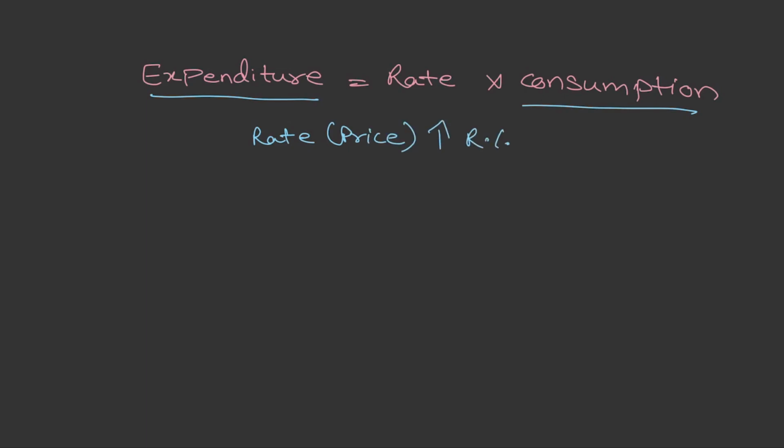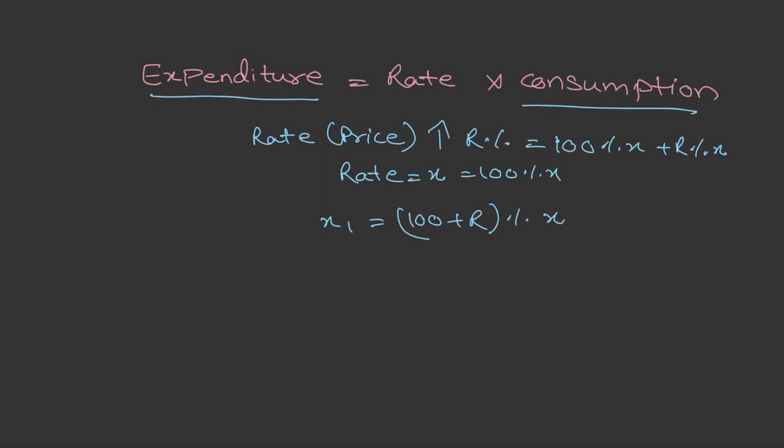So let's suppose initial rate is equal to X. So increasing by R% means 100% of X plus R% of X. So increased rate, let it be X1, will be 100 plus R% of X, which is nothing but 100 plus R by 100 into X. So rate is increased by this much.